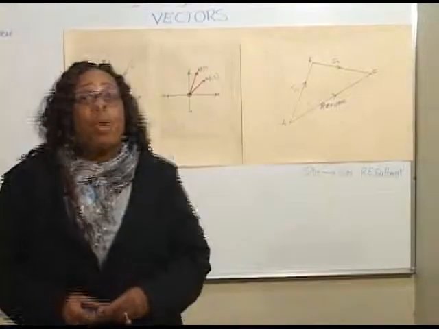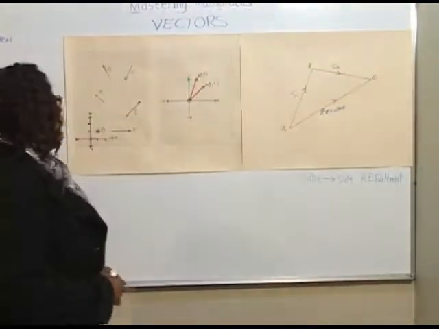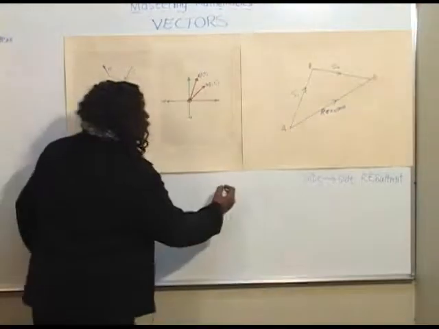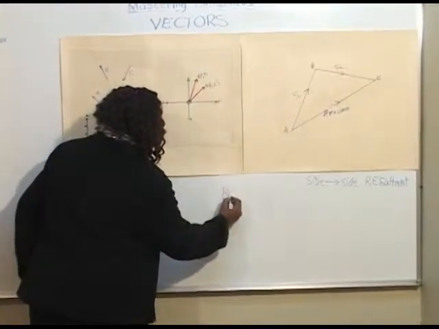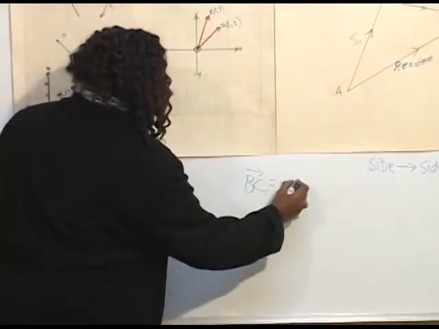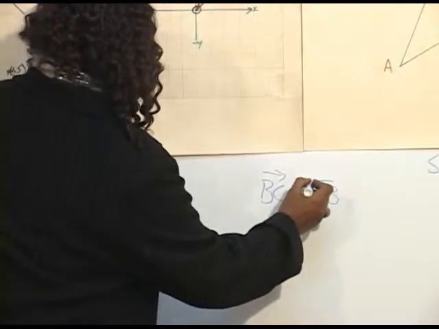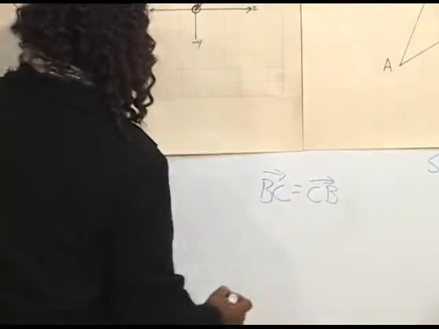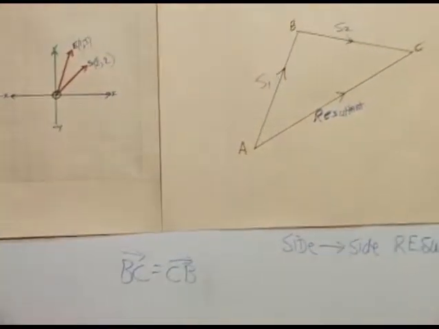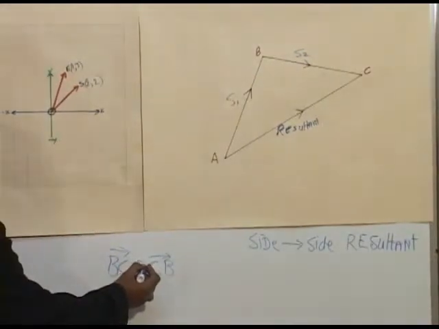It is important how we call these lines, because you can't say in terms of vectors that if we say BC, it is the same thing as CB. No, because CB would be going in the opposite direction. So in terms of vectors, BC would be equal to negative CB.